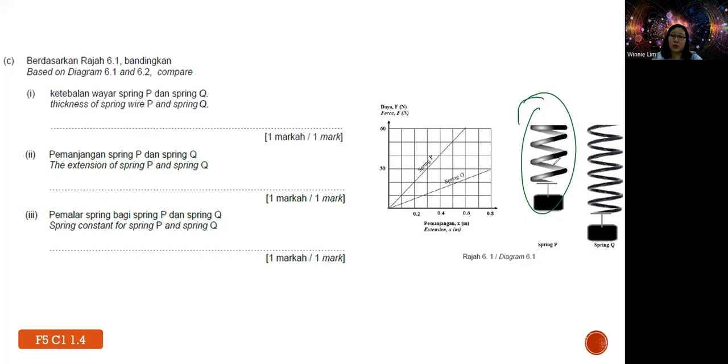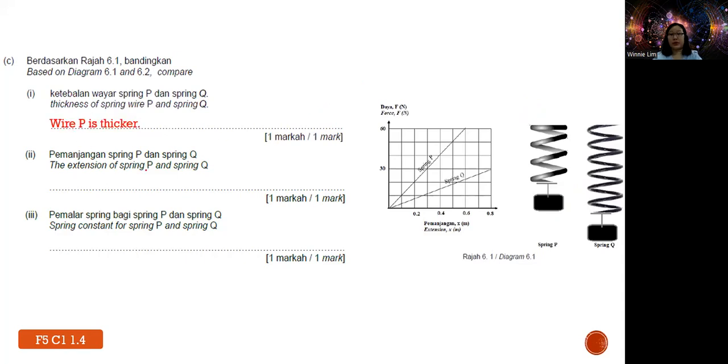So the extension is also less for P, or you can say Q is longer. And spring constant can be related to the stiffness of the spring. If the spring is very stiff, that means it is very hard to stretch. That means its spring constant is also higher. So hence, spring P will have higher spring constant.